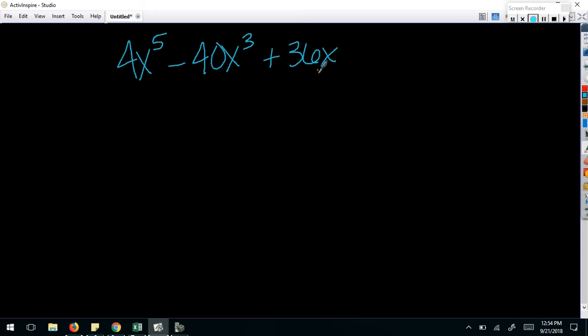The GCF is 4x. If I take 4x out, tell me what is left. X to the 4th minus 10x squared plus 9. Is it in quadratic form? Yes. Can I factor that? Let's try. I don't know yet.